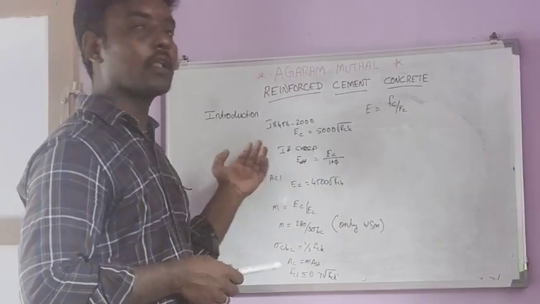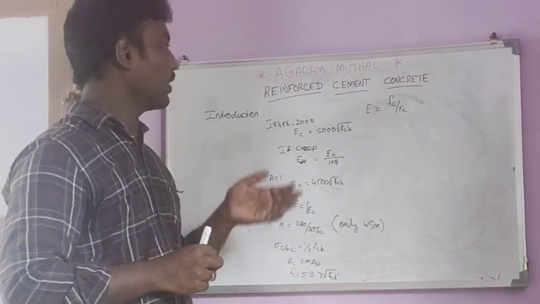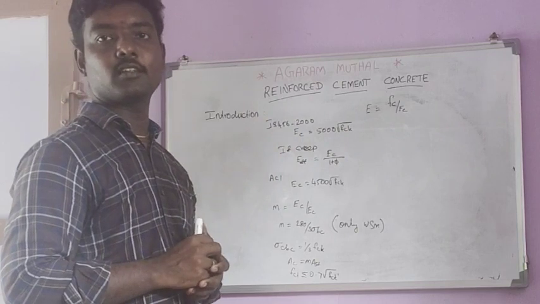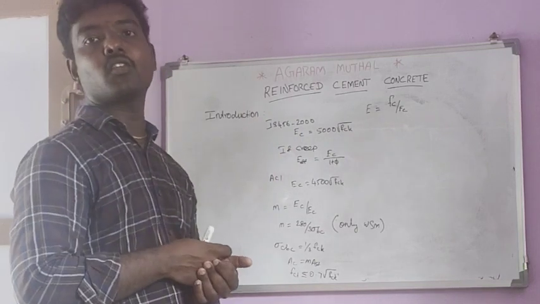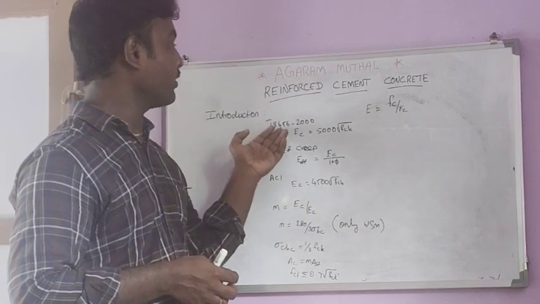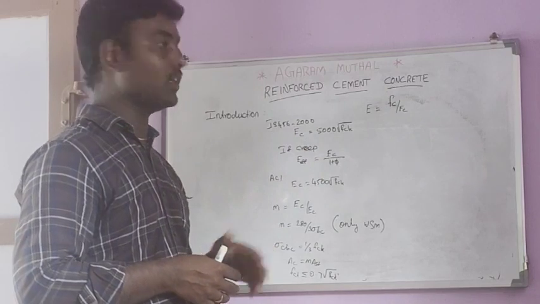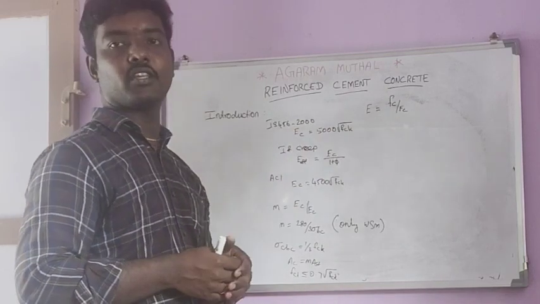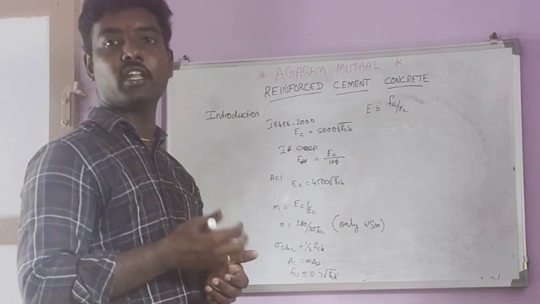Okay. So another important factor in RCC design other than stresses is Young's modulus. Young's modulus is nothing but the ratio between stress and strain. Here IS 456:2000 proposed that the Young's modulus of concrete, Ec, becomes 5000 root of fck, where fck is the characteristic compressive strength of concrete at 28 days.